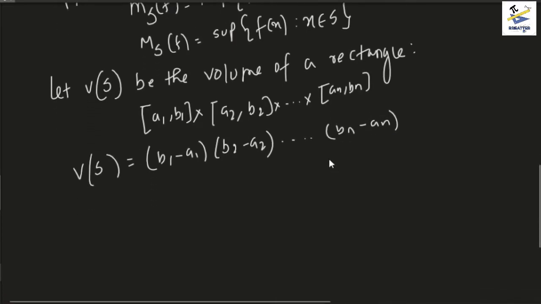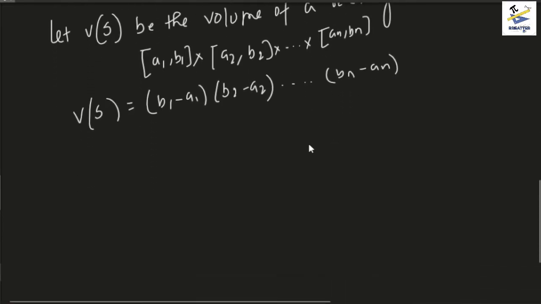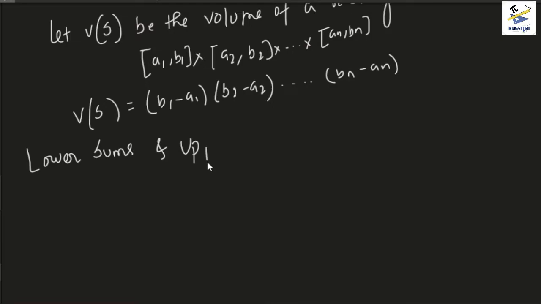Now the lower and upper sums of f for P are defined by, this is very important, lower sums and upper sums. So the lower sum and upper sum are defined as follows.